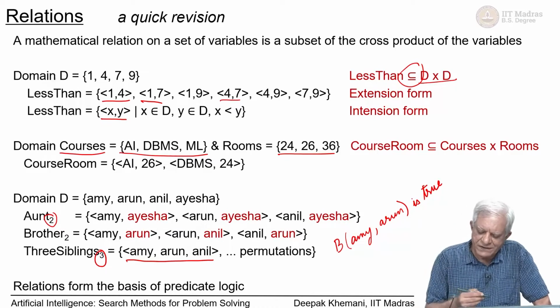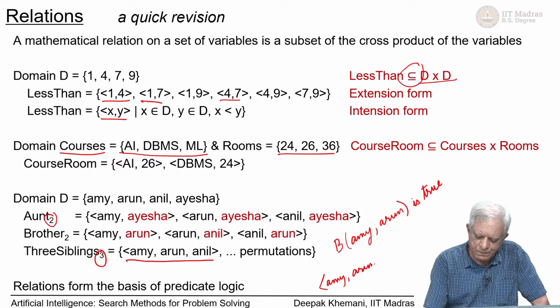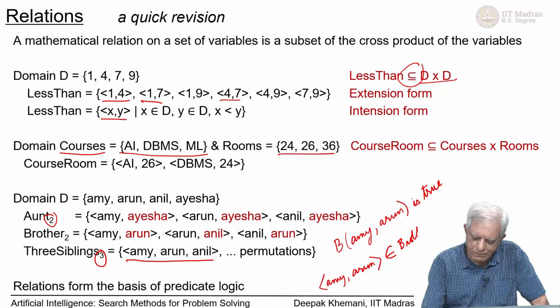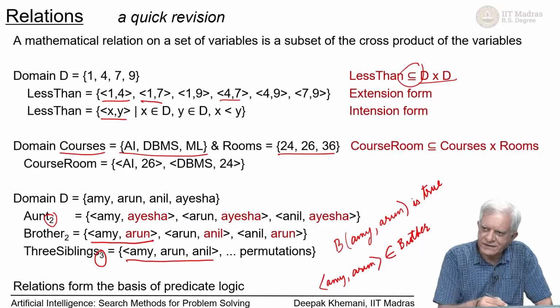Then we can define the semantics of this relation by saying that this pair of Amy and Arun must belong to the brother relation, which is of course indeed the case, because as you can see here this pair is there in the relation.